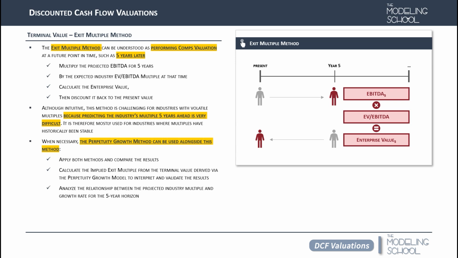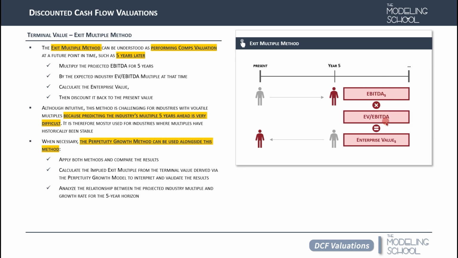So if you hear about this method, and even personally I did as well, it might sound much more appealing. But the problem is that when you actually try to apply it in actual practice, there's a significant challenge in assuming EV/EBITDA multiples. Because we already have the EBITDA numbers for year 5, we already have forecasted this.